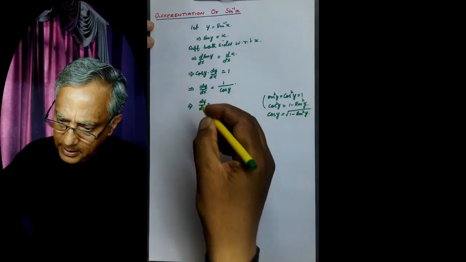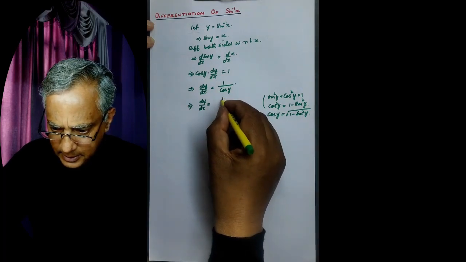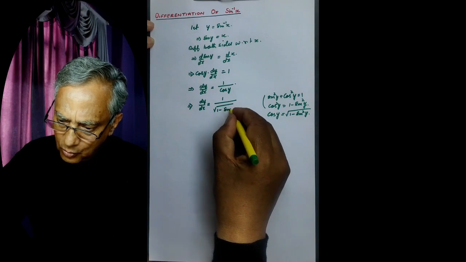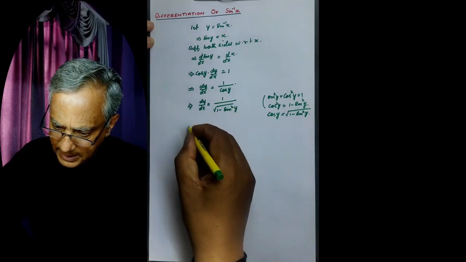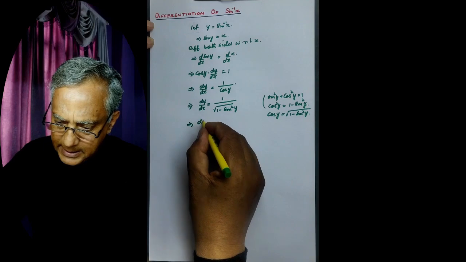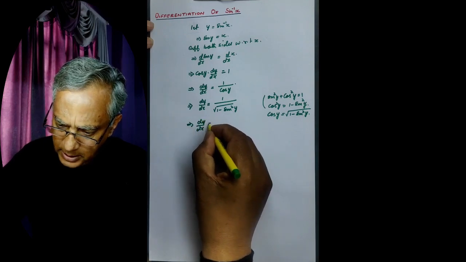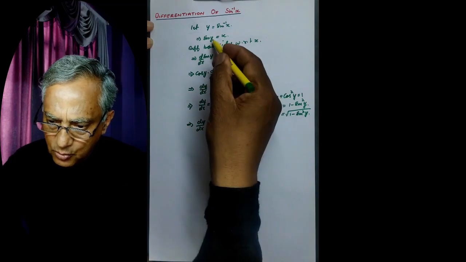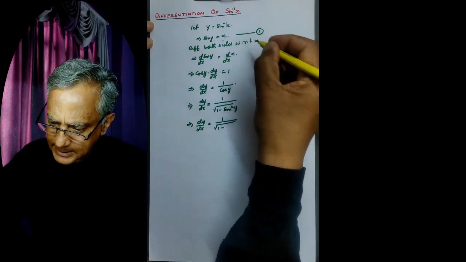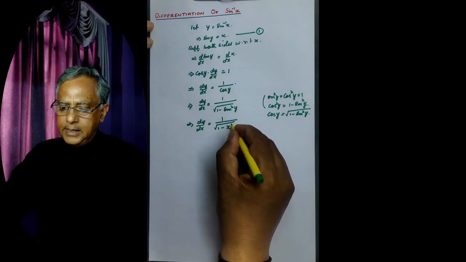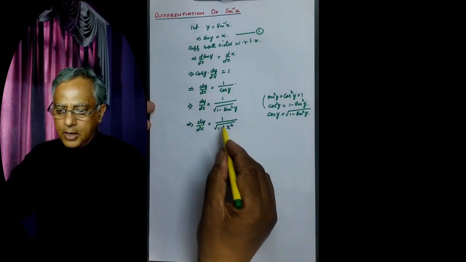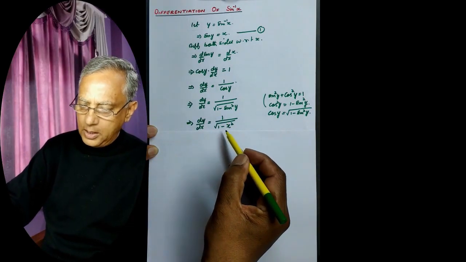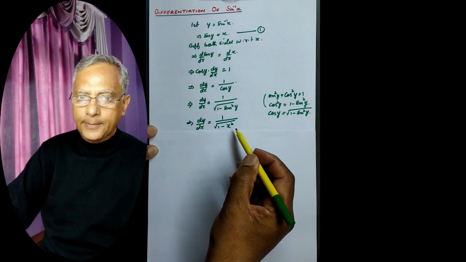So this will be equal to 1 upon under the root 1 minus sine square y. And this implies dy by dx is equal to 1 upon under the root 1 minus x square, since sine y is x. So dy by dx is equal to 1 over under root 1 minus x square.